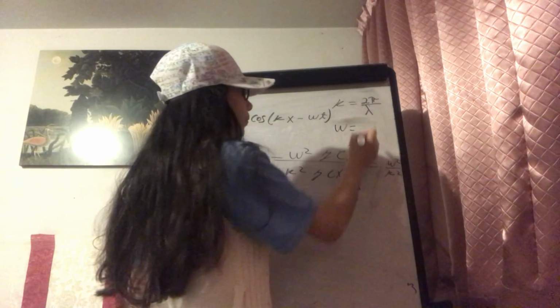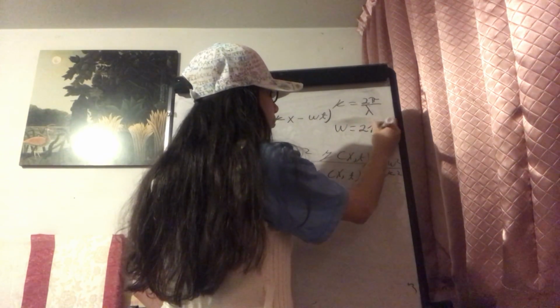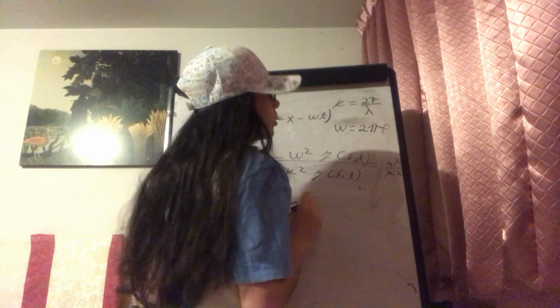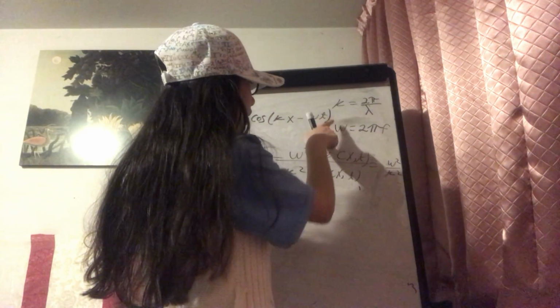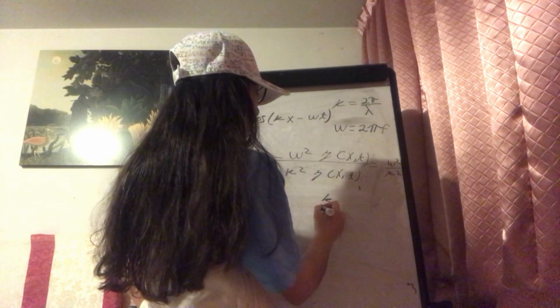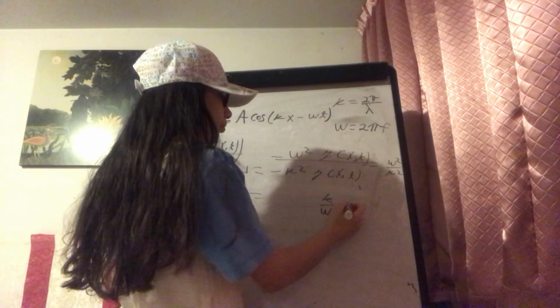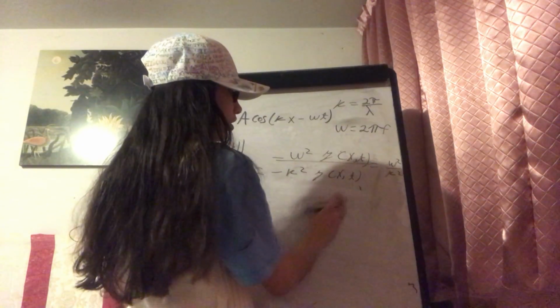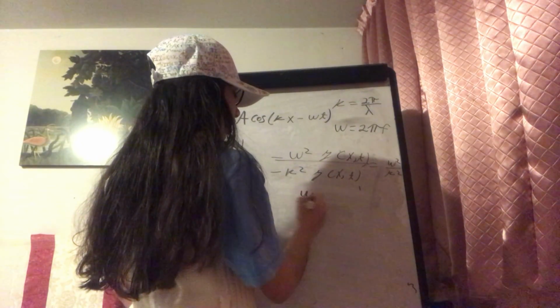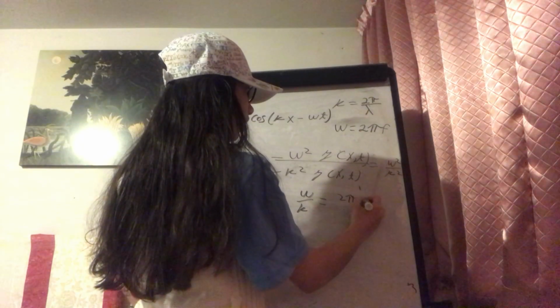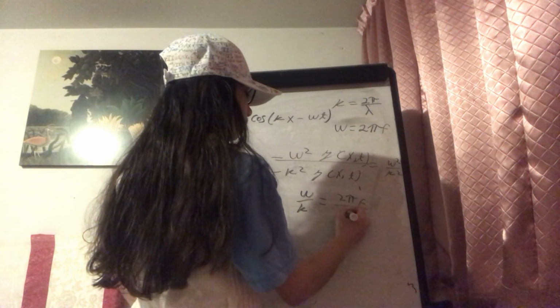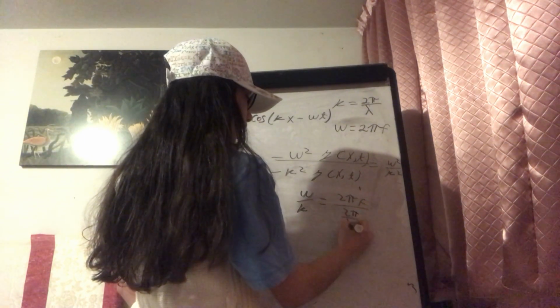Omega is the angular frequency. This is 2 pi times the frequency. So I have omega over k, which is 2 pi f divided by 2 pi over lambda.